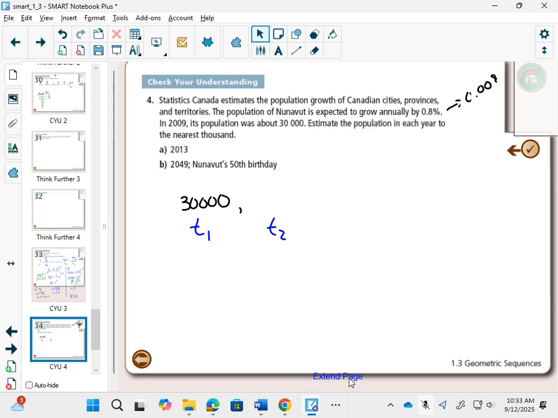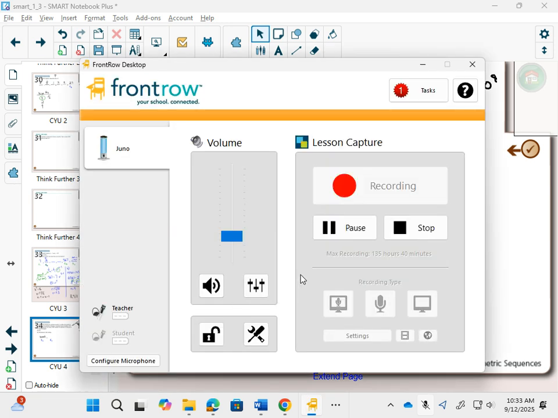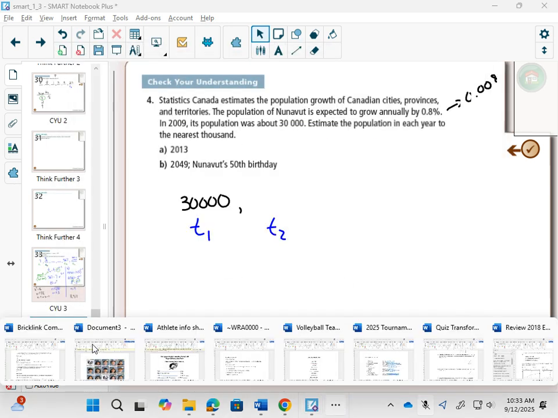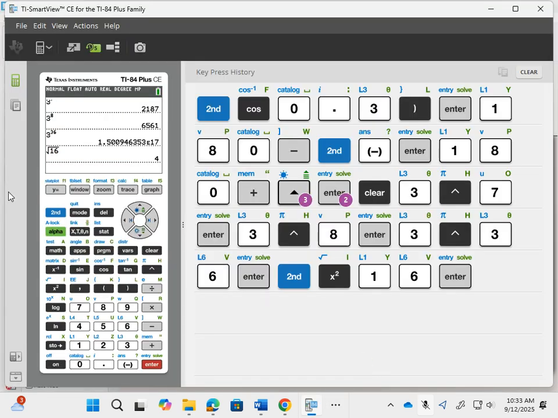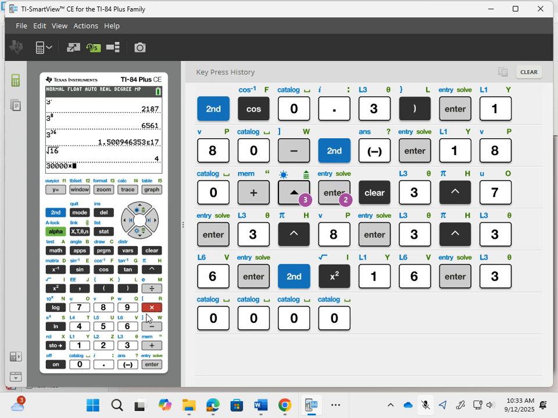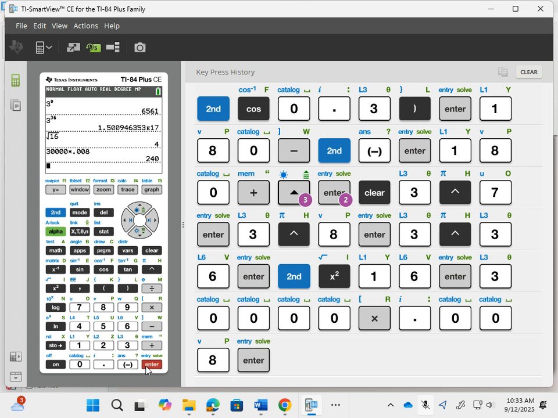Now I'm going to show you two things on the calculator. The number one common thing that people do in this question is they would say, well, what is 0.8% of 30,000? Here's my calculator. They go 30,000 and they multiply it by 0.008 and they get 240.